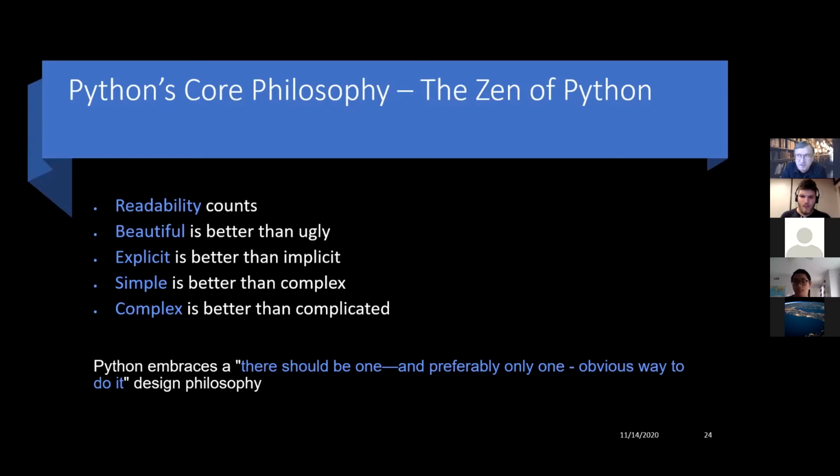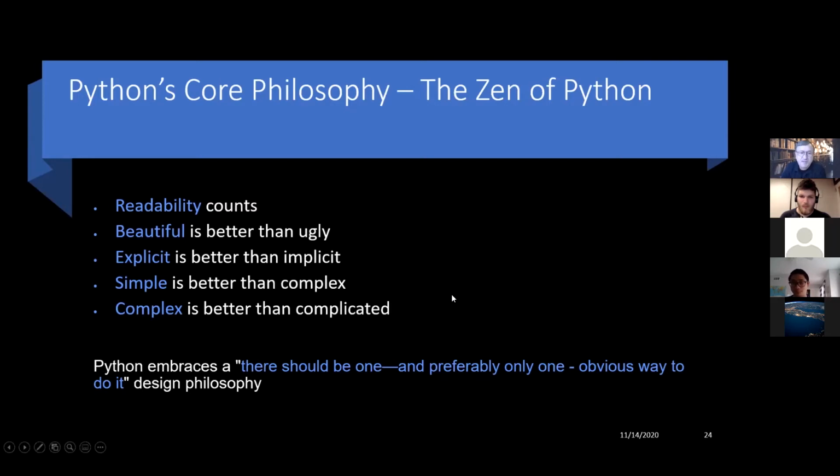I tell my students that C or C++ is a liberal language. Java is much more conservative, for example. C tries to give lots of flexibility to the programmer, but Python is saying we want to keep code simple, and along with that there should be one, and preferably only one, obvious way to do something.